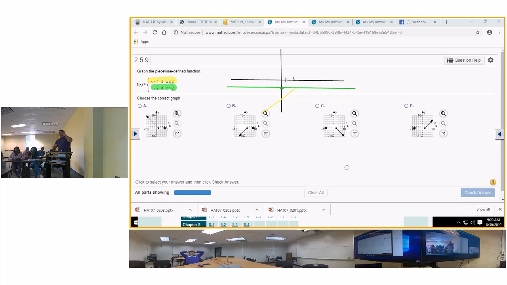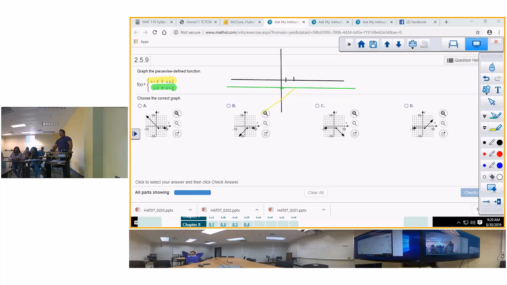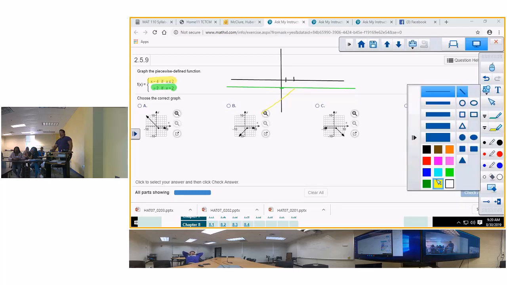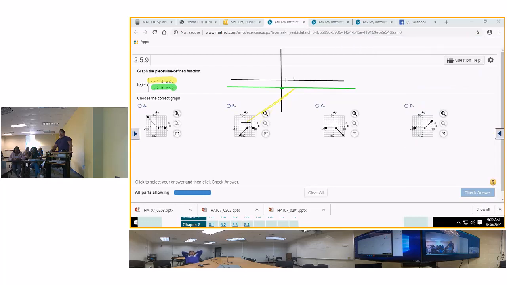It's not straight because I don't know why it didn't make a straight line. Probably because I didn't hit it. Let's try it again. There we go. There's my yellow line. Now, why didn't I draw it up here? Because the domain says that all your x values for the yellow line have to be below what? 2, so this way. Okay?